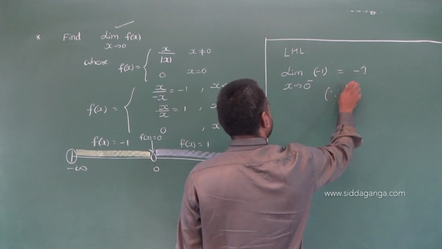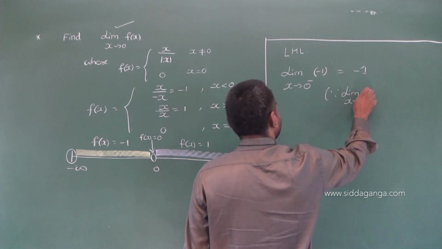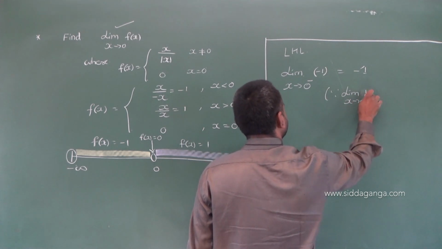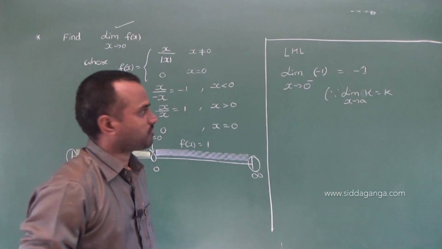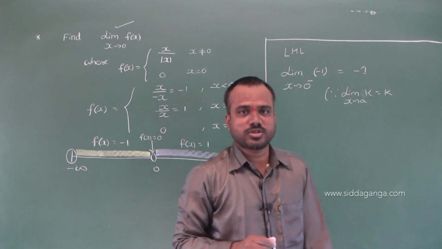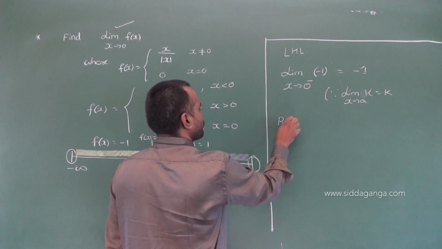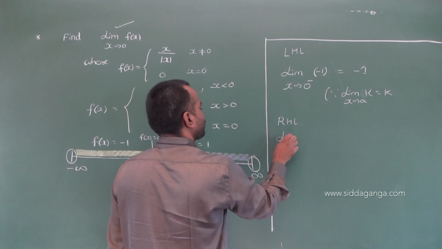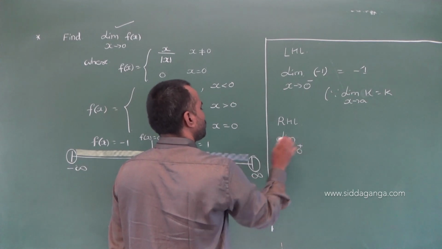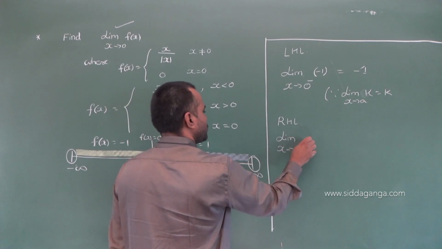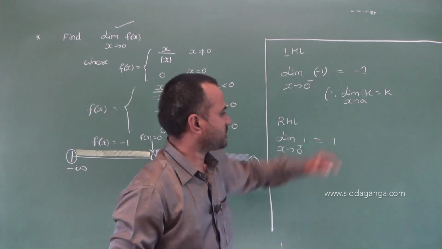The left hand limit value is minus 1. Right hand limit: limit x tends to 0 plus. The function is plus 1, so the answer is plus 1.